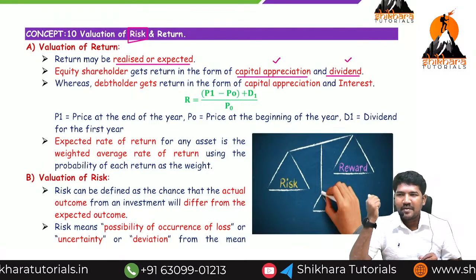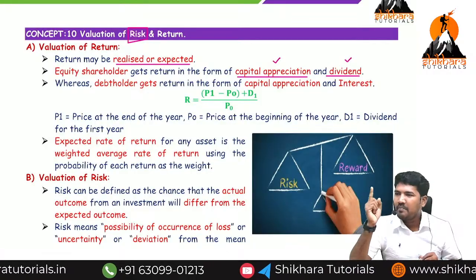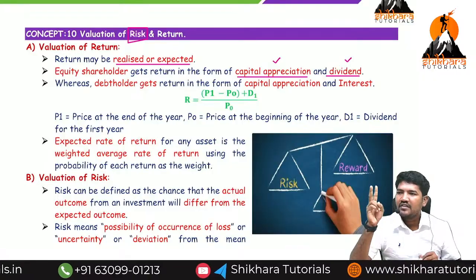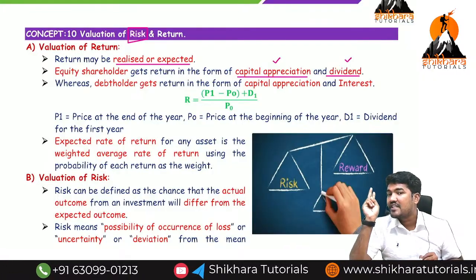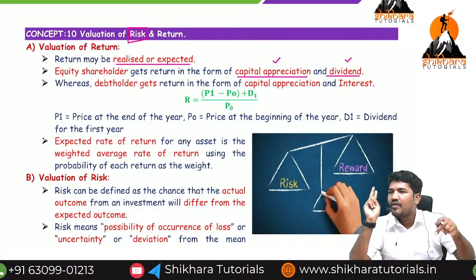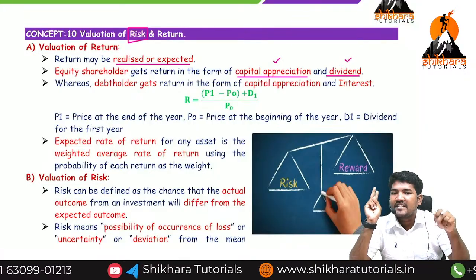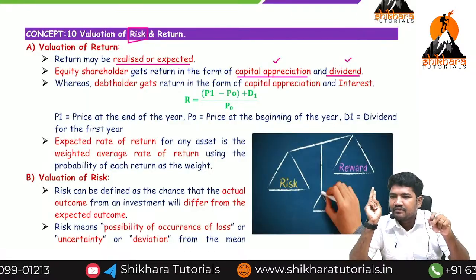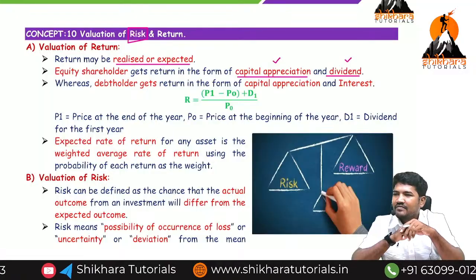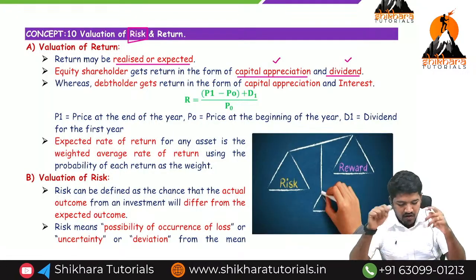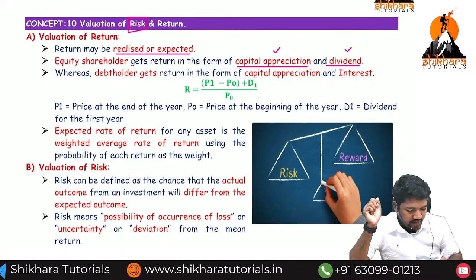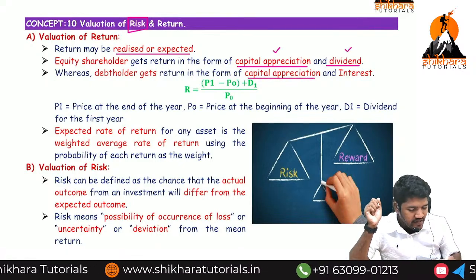If I invest in a debenture, I expect only one benefit, that is interest. If it is redeemable, I am expecting my capital back, not an extra benefit. Hope you understand. Capital appreciation is an extra benefit. Share price will increase or decrease, but debenture does not increase or decrease. Now, guys, clear? Now see, where a debenture gets a return in the form of capital appreciation as well as interest.